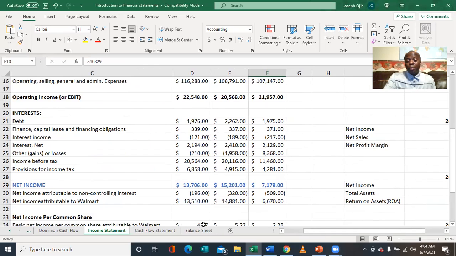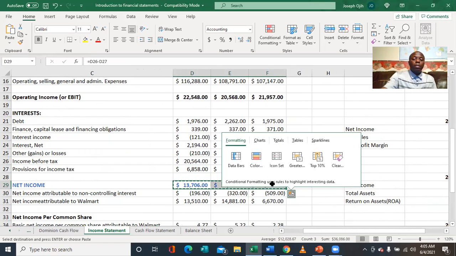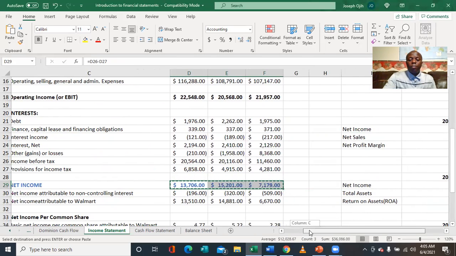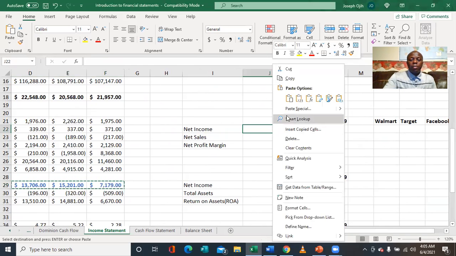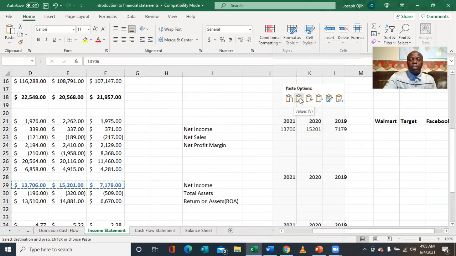This is the one we're going to use, so I'm going to copy it and paste it here so that we can have our numbers. Remember, when you're pasting, make sure you choose the option that shows numbers. See, this one shows numbers.